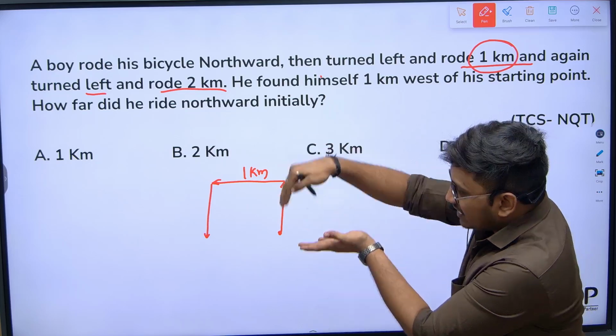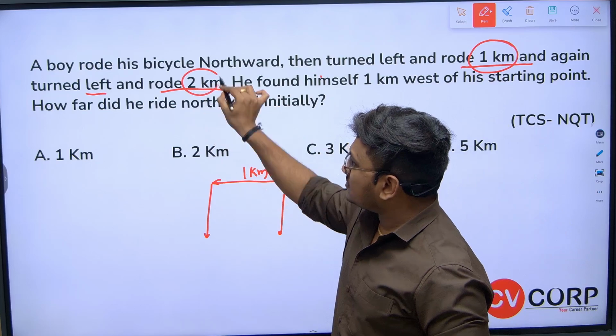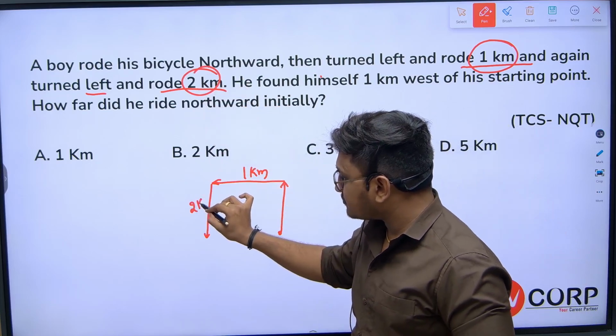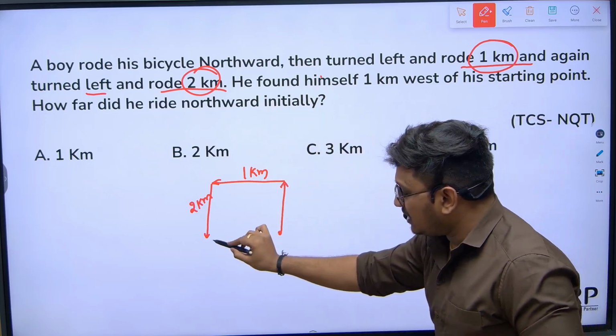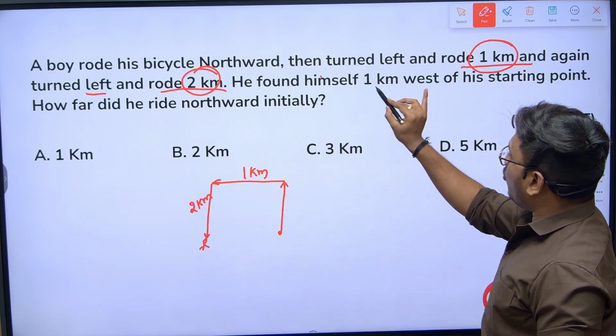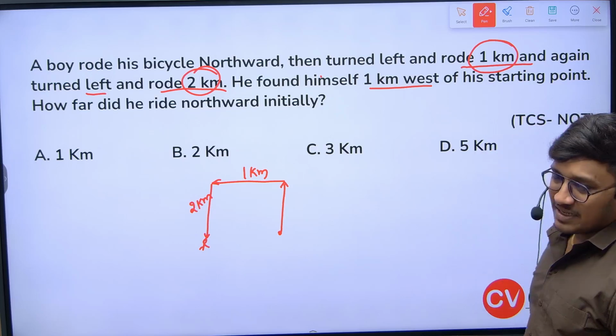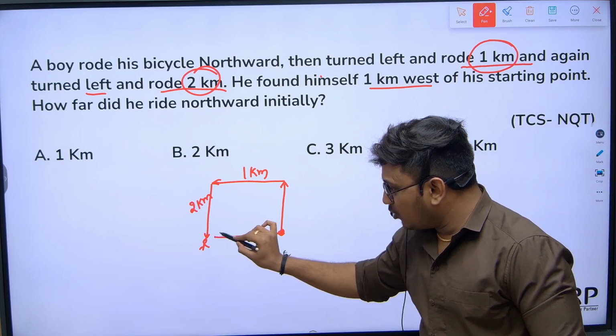Again taking a left direction, he is going towards west, for 2 kilometers. Finally he found himself 1 kilometer west of the starting point. This is the starting point, and he found himself 1 kilometer to the west.